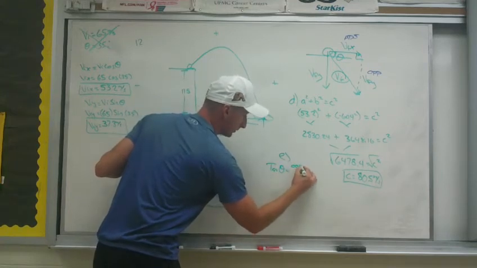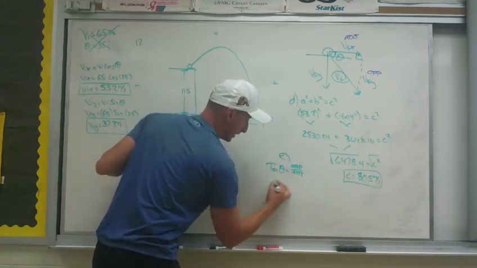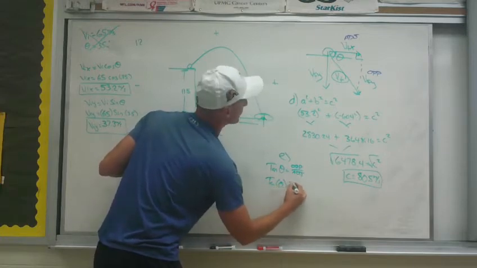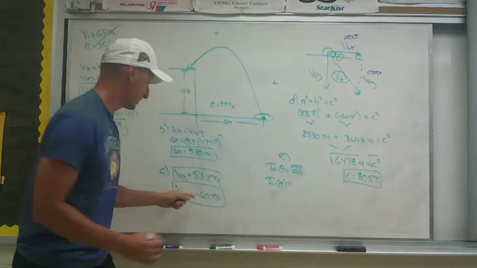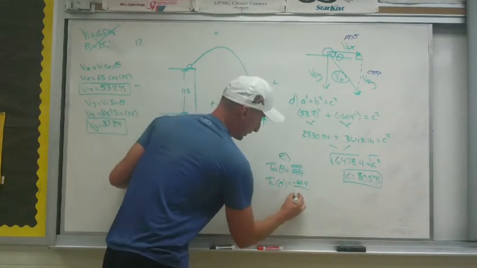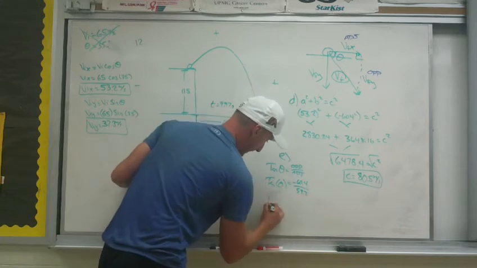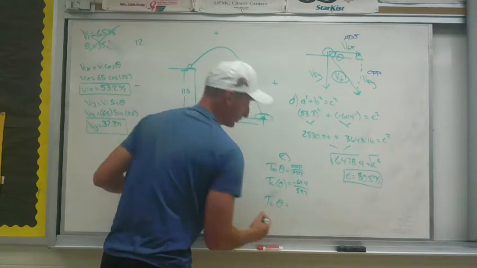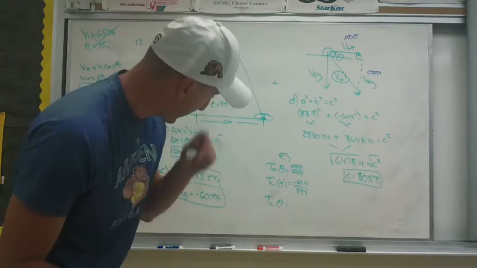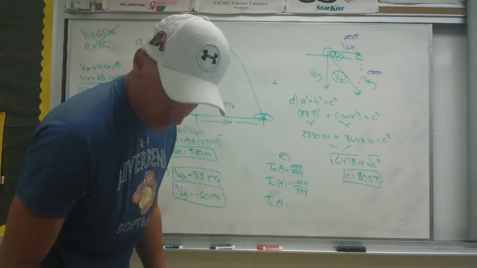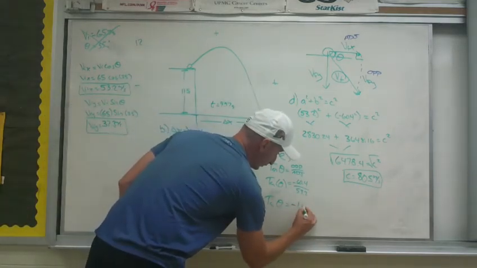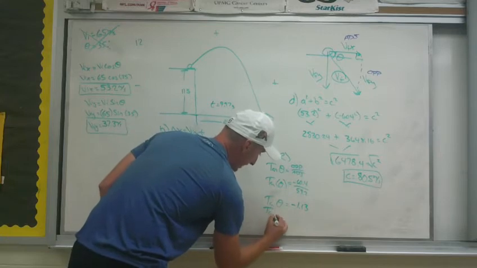equals opposite over adjacent. Tan theta equals opposite is VFY, which is negative 60.4. And it's 53.2. Tan theta equals, do the division, negative 60.4 divided by 53.2 gives you negative 1.14. Do the inverse tan.